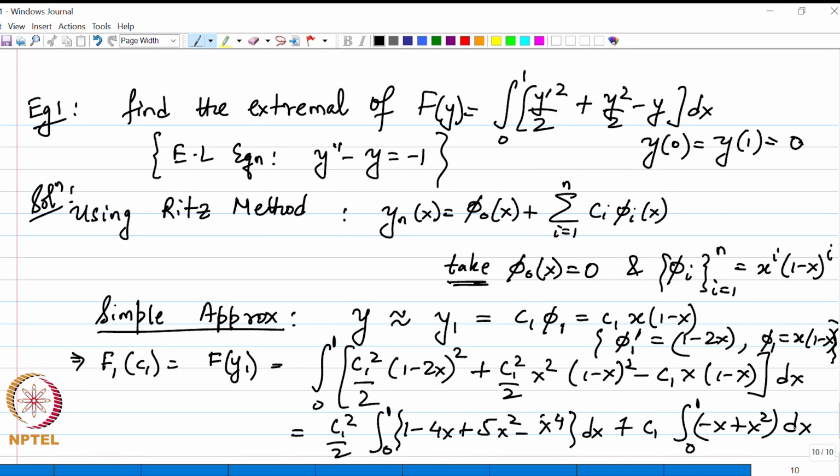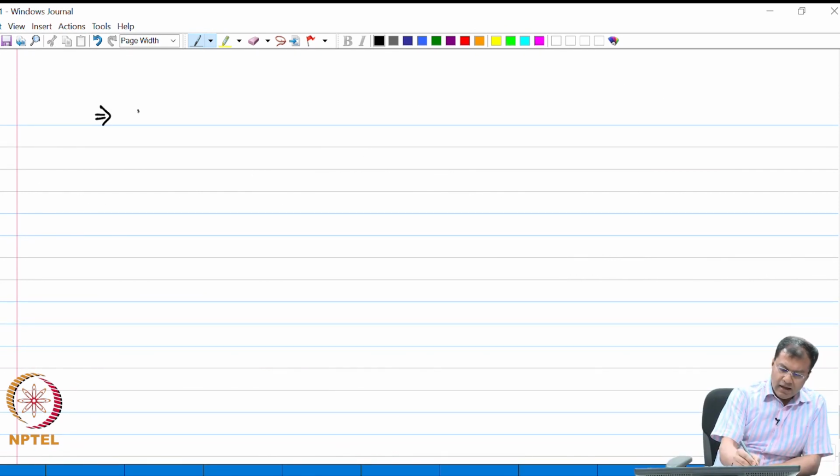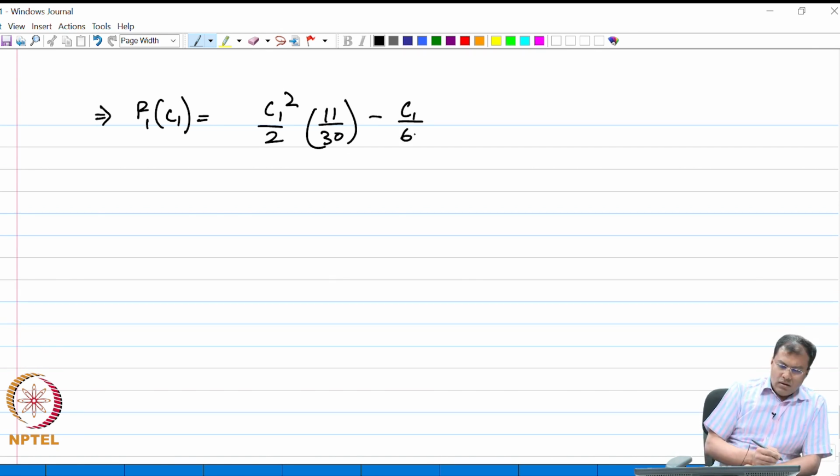So, once we perform all the necessary integration, I get the following result: f1 of C1 comes out to be C1 square by 2 times 11 over 30 minus C1 by 6. So, we solve for C1.